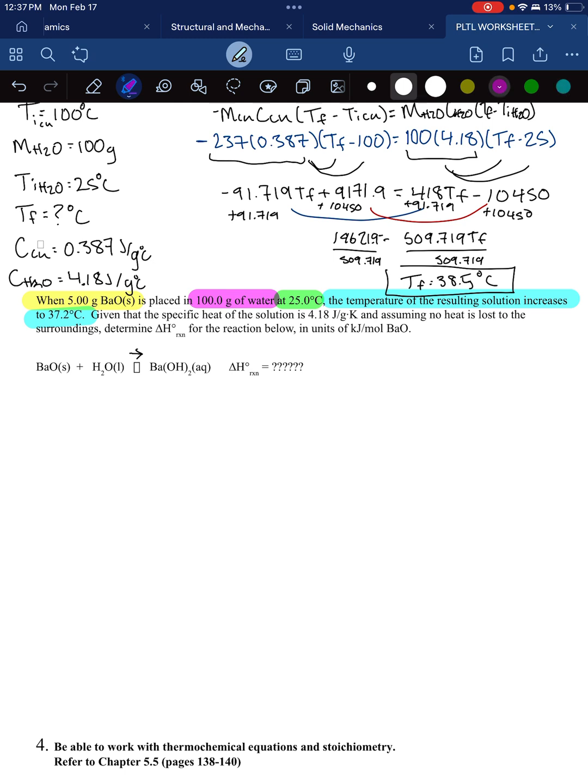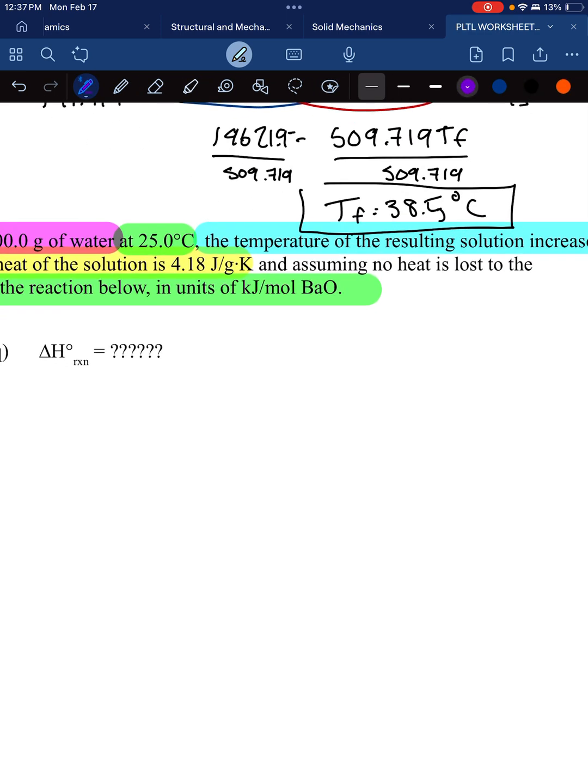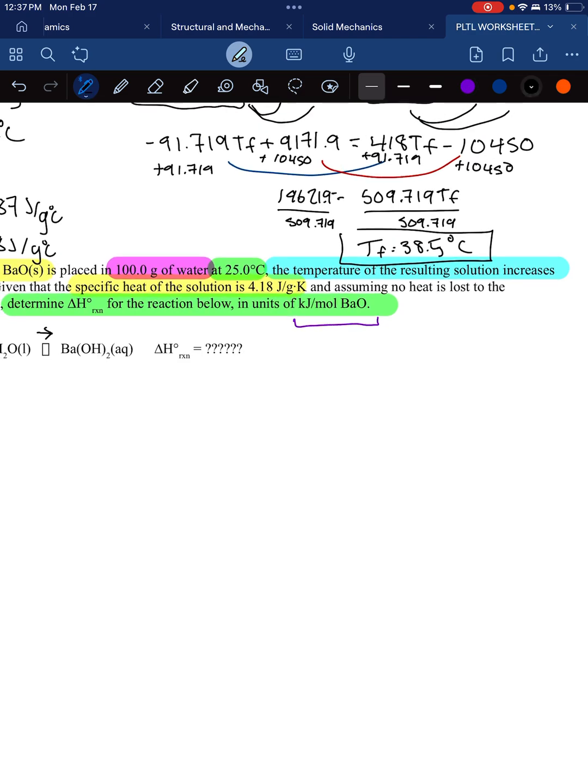Given the specific heat capacity of the solution is 4.18 joule per gram Kelvin, so most likely water, and assuming no heat is lost to the surroundings, determine the delta H for the reaction in units of kilojoule per mole of barium oxide. Okay, so that's important.